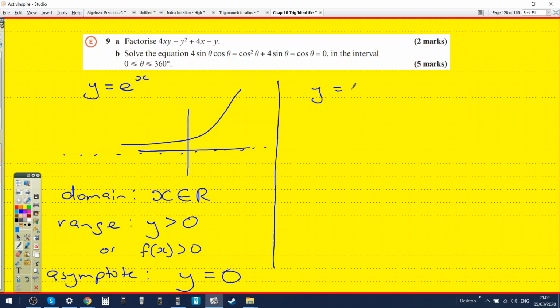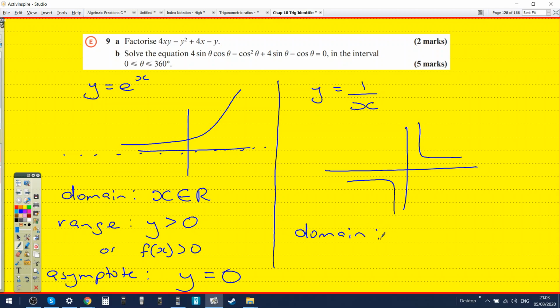Yeah. Y equals 1 over x. What does that look like? That's this one. Yeah. So the domain, it would be x is any real number.